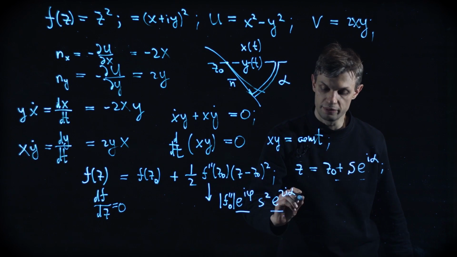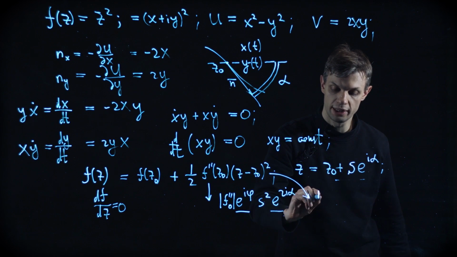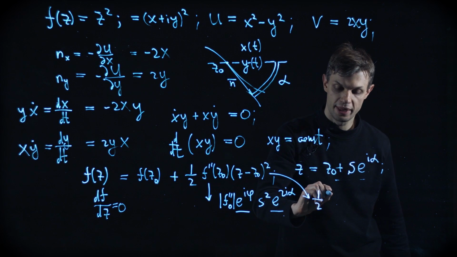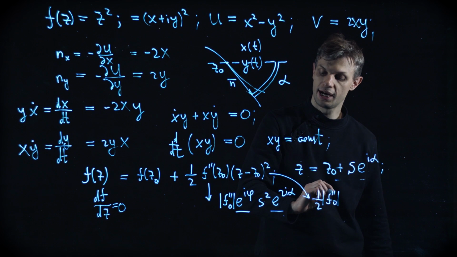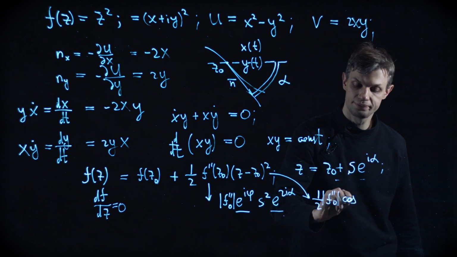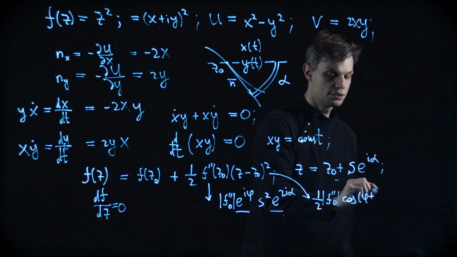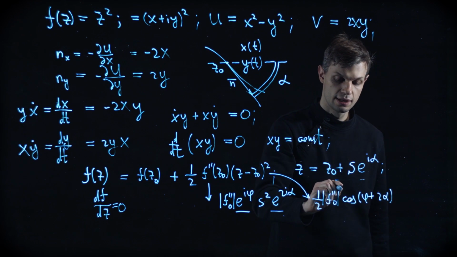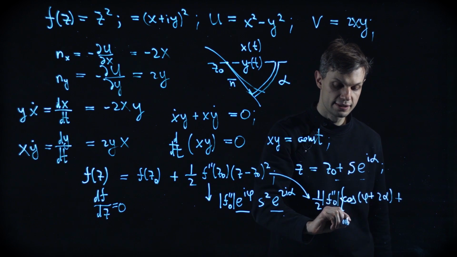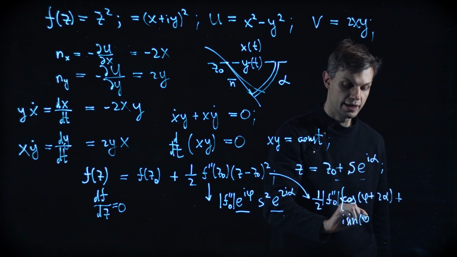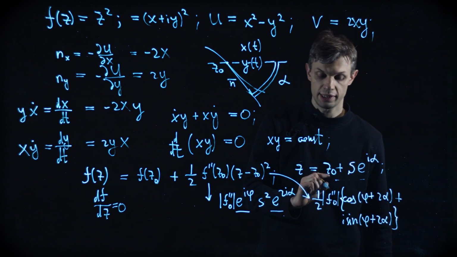So now we could write down this additional term as one half modulus of f double prime at zero times cosine of phi plus 2 alpha, plus i sine of phi plus 2 alpha. Right? And here we go.